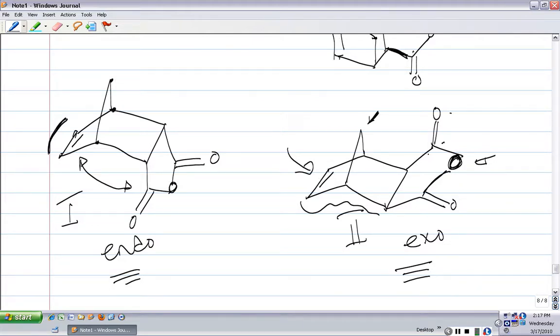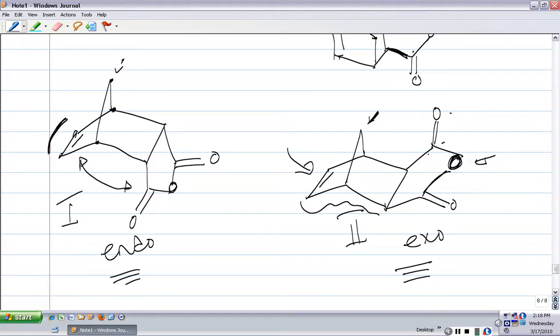Its isomer is the endo compound. This time I'm going to hold it the way I have it on the screen. Here is my carbon-carbon double bond in my six-membered ring, pinched across carbons 1 and 4 by the methylene group.